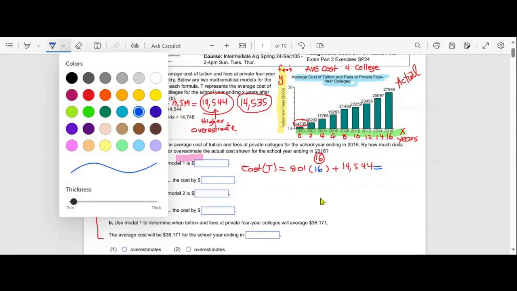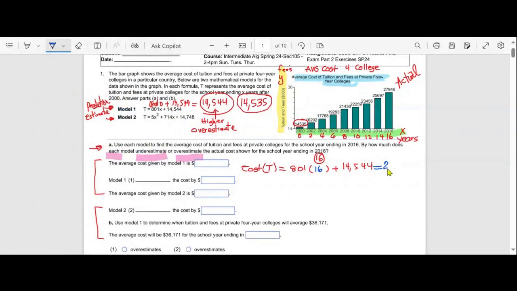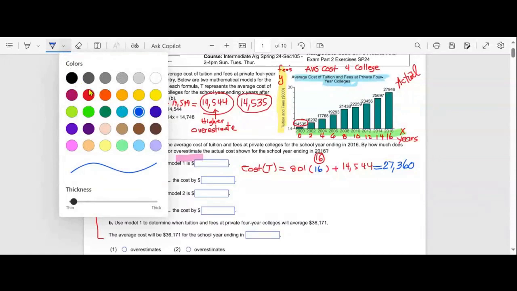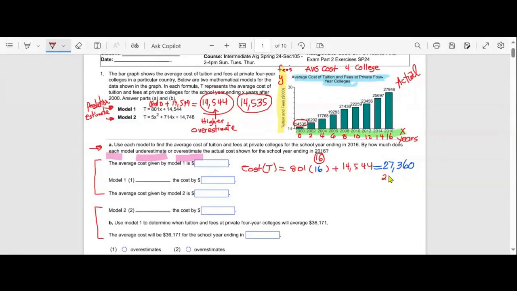Twenty-seven thousand three hundred sixty. Very good. 27,360. Now, what is the actual? How much was the actual for 2016? Look in the graph here. 27,946.